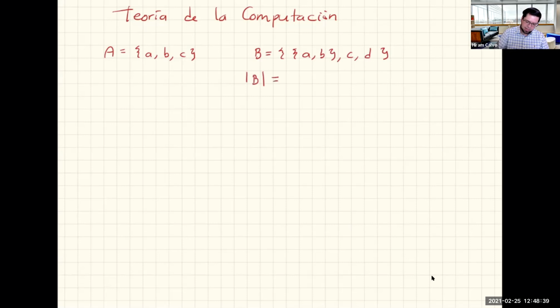So this will be how many elements the B set has. So we can count them like this. This is 1, this is 2, and this is 3. Yes, because this one is a composite subset, which is just one element. So the number of elements of B is 3. The number of elements of A is as well 3.